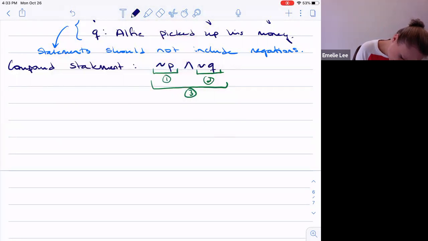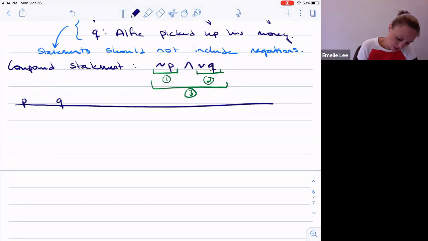See here, I forgot an N. That happens. Okay, so what I've got is P and Q. So here's my truth table. True, true, false, false. I had to scoot it up because I've got a page break here. And then true, false, true, false.